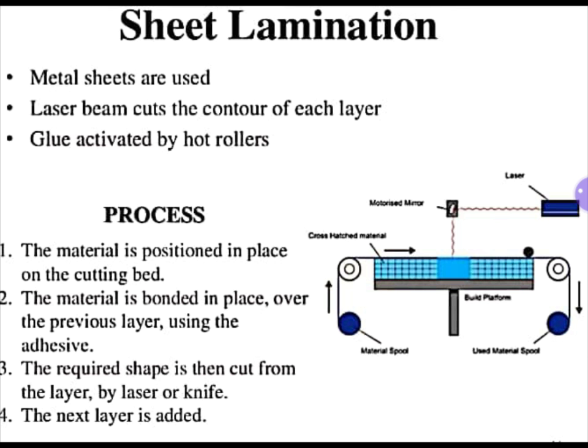That is, in order to join the two sheet materials, we make use of a welding operation. Here, in order to weld the two layers of material, we use either a laser or an electron beam.